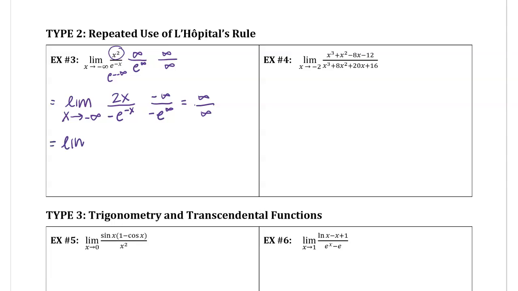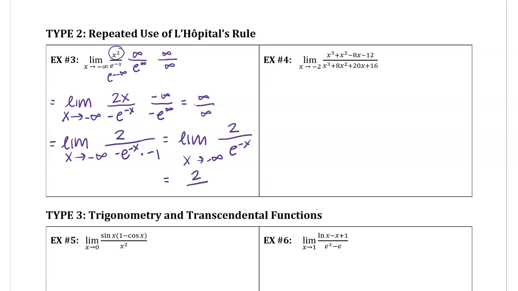So now we have the limit as x approaches negative infinity of 2 over negative e to the negative x times another negative 1, which is the limit as x approaches negative infinity of 2 over e to the negative x, which is 2 over e to the negative negative infinity, which is 2 over e to the infinity, which is the same as 2 over infinity, and 2 over a really big number is just 0 in terms of limits.